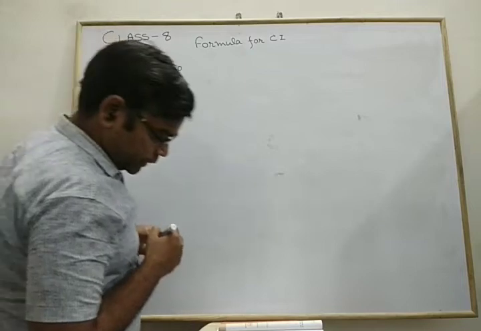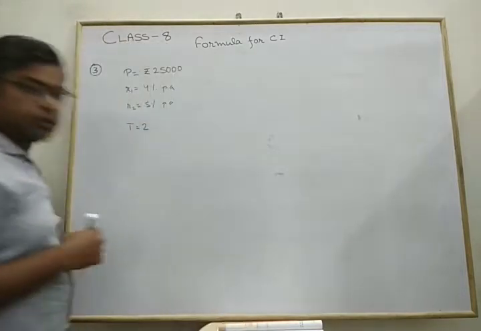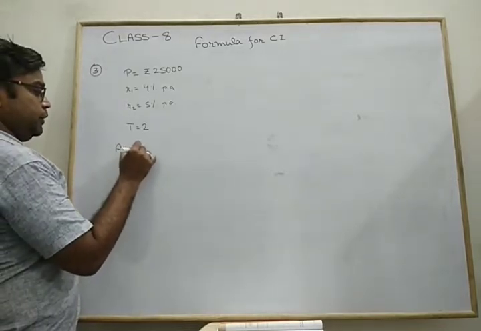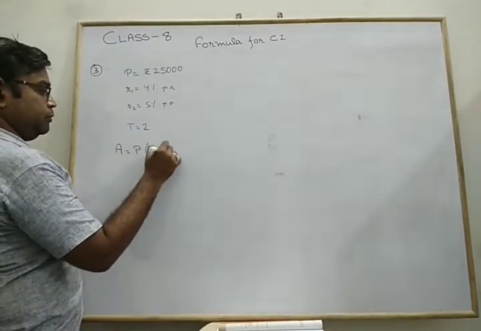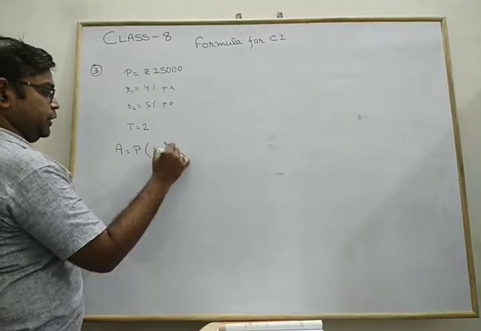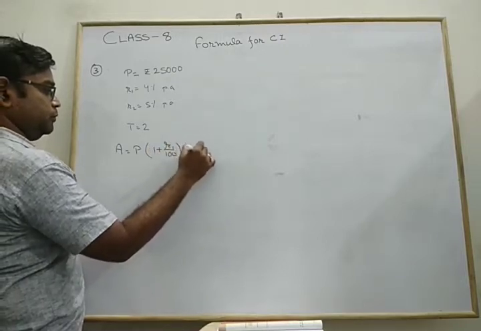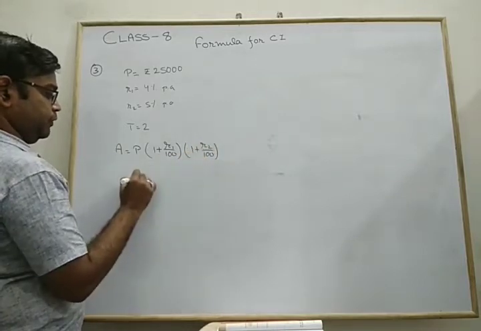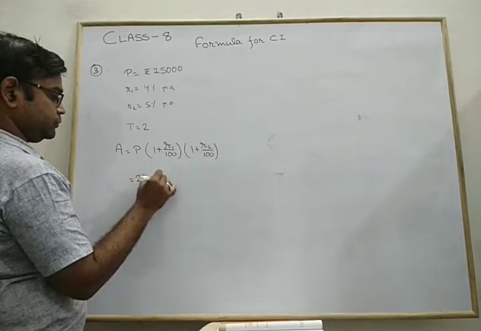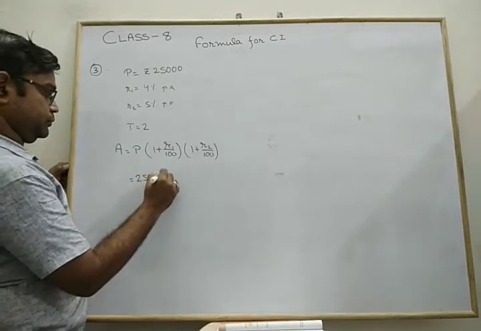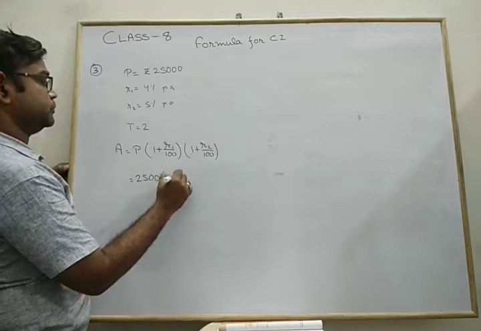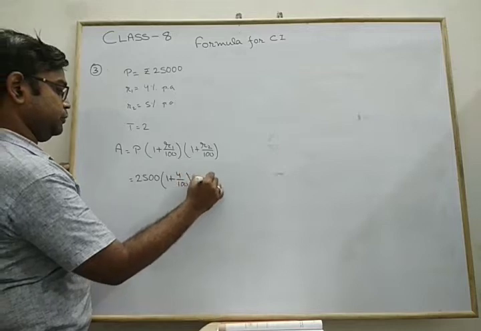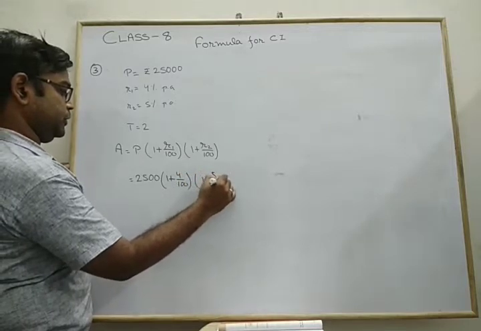Rate is given, then we do not require more. Try to solve this one by using the formula A equals P into 1 plus r1 upon 100 into 1 plus r2 upon 100. We simplify 25,000 into 1 plus 4 upon 100 into 1 plus 5 upon 100.